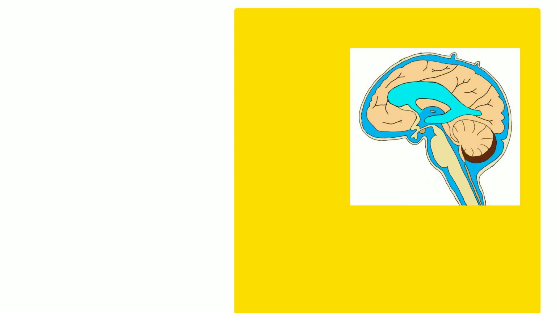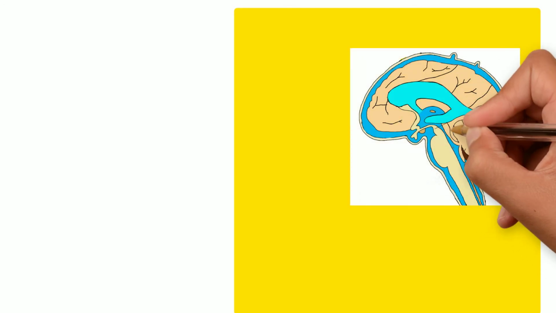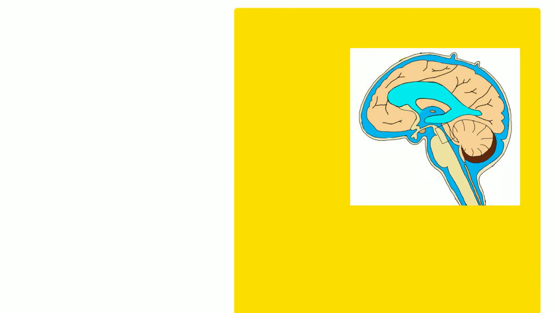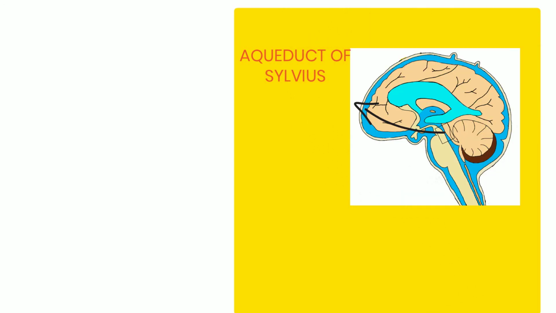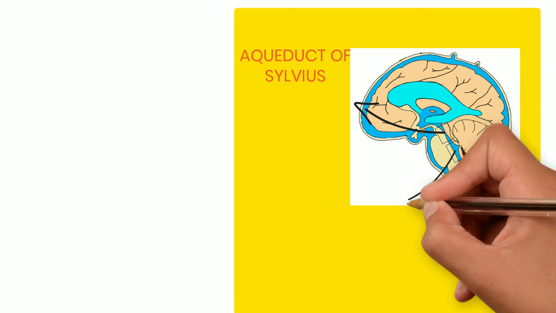Now let's look at obstructive hydrocephalus. There are two common sites of obstruction within the ventricular system. First one is the aqueduct of Sylvius. Second one is at the level of the fourth ventricle.